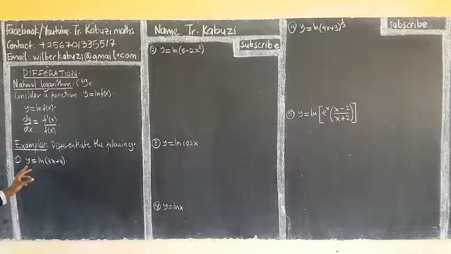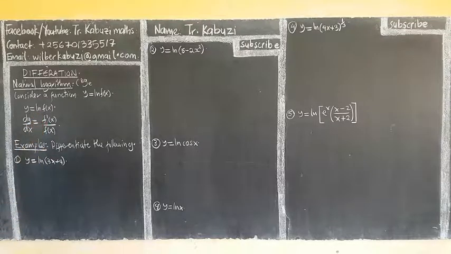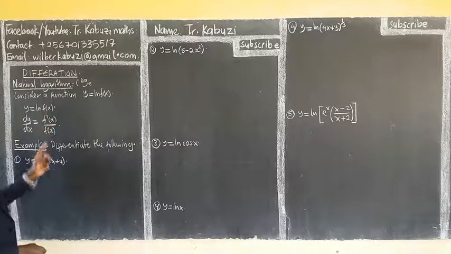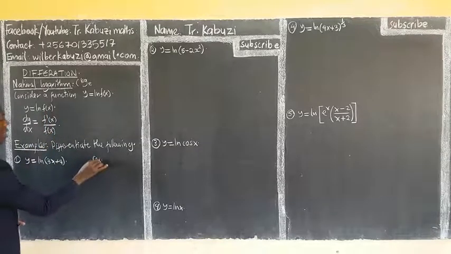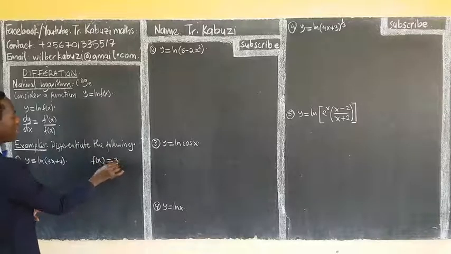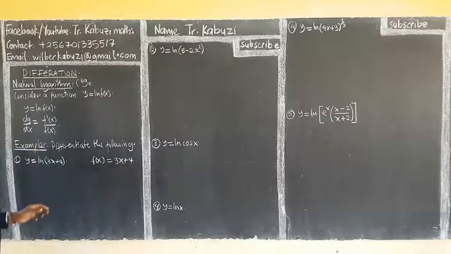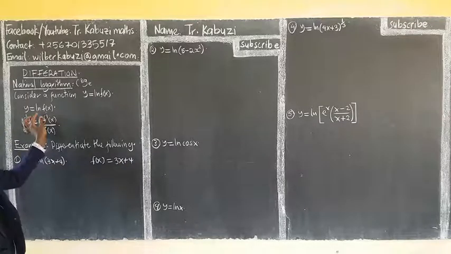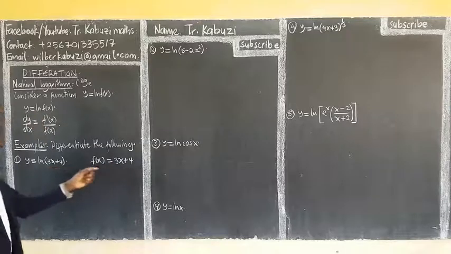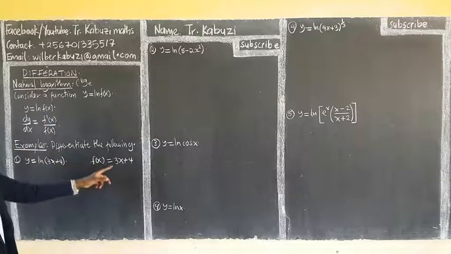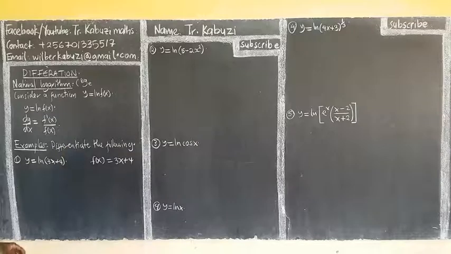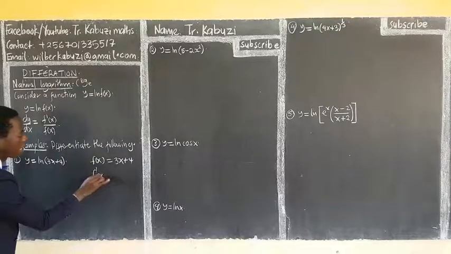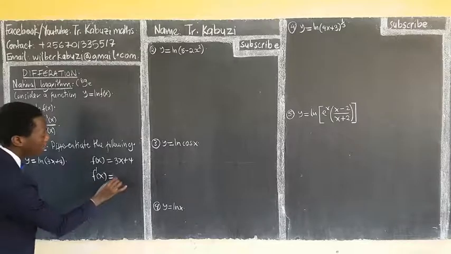Differentiate the following. The first we have this. Now your idea is to note what is f of x. If I compare with this, my f of x is going to be 3x plus 4. Always this is our f of x in ln f of x. To differentiate f of x here, we get 3.